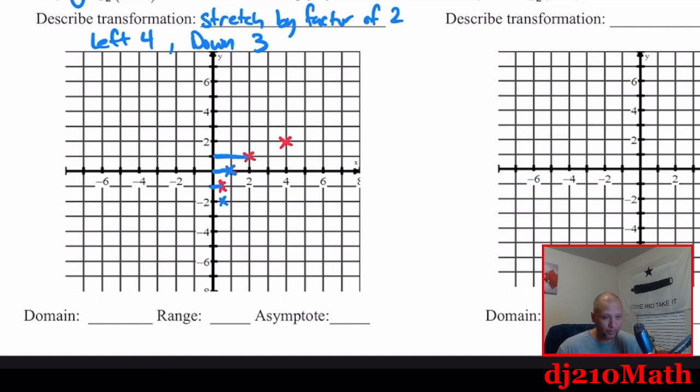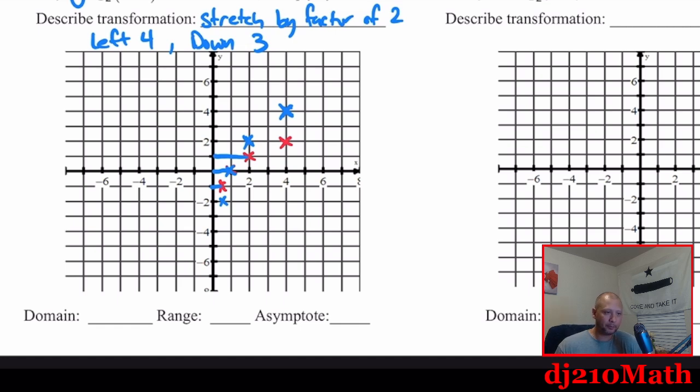This is 1. So 1 times 2. And then the next one, this x right here, the y value is 2. So 2 times 2 is 4. This guy moves here. All right, so these blue X's that you see right now are the stretch by a factor of 2.